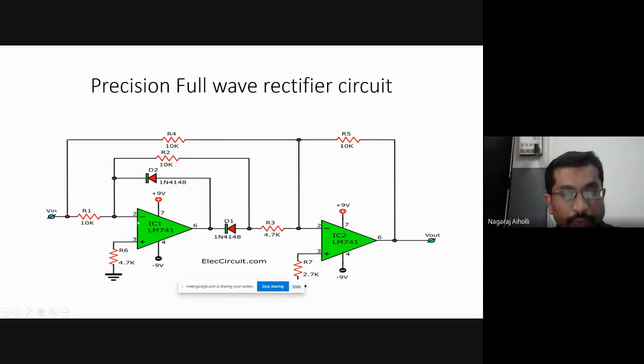As we are applying the input here to the minus terminal, the output is minus V in, which we are getting here at the sixth terminal. Again, when we apply this minus V in to the second op-amp, it is again an inverting amplifier. So what is minus into minus? Plus or minus?